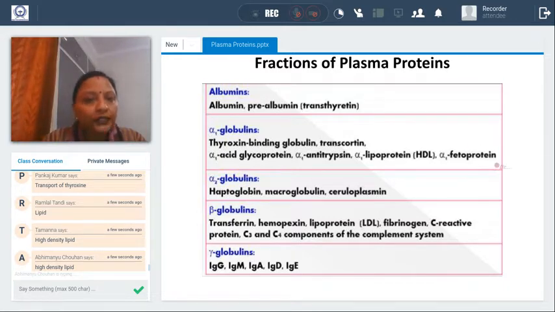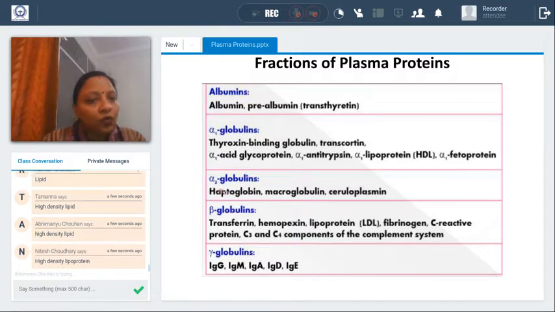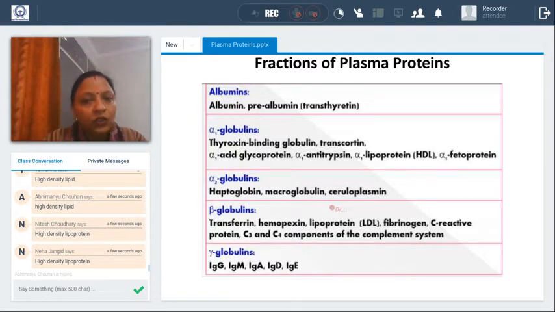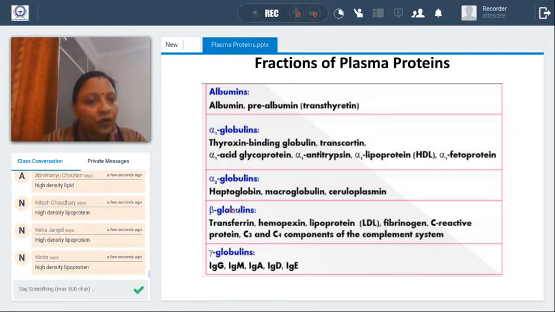Likewise, alpha-2 globulins are haptoglobin, macroglobulin, and very important, you all know ceruloplasmin. These come under the category of alpha-2 globulins.